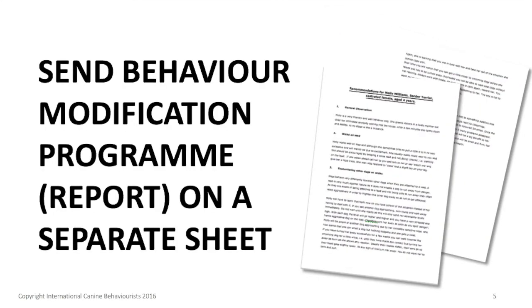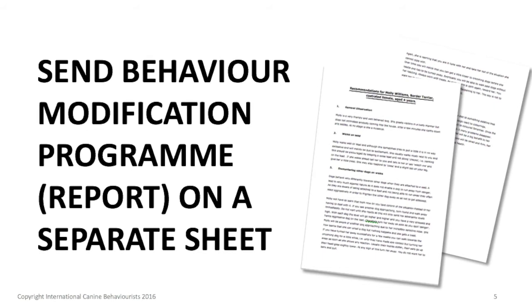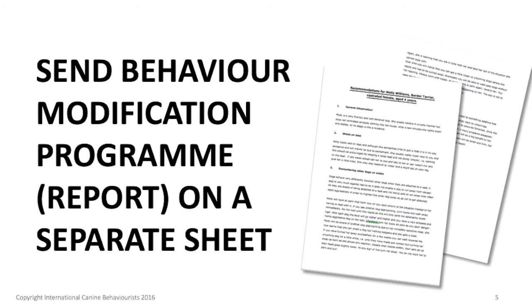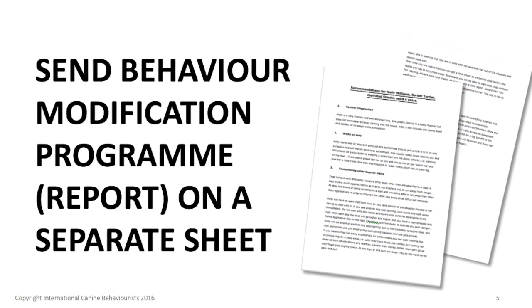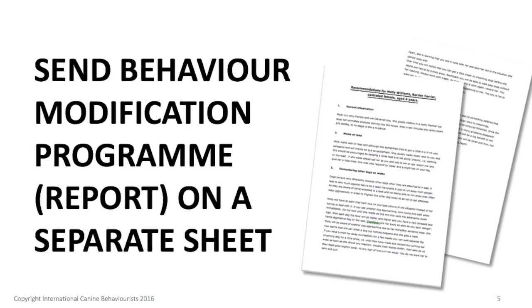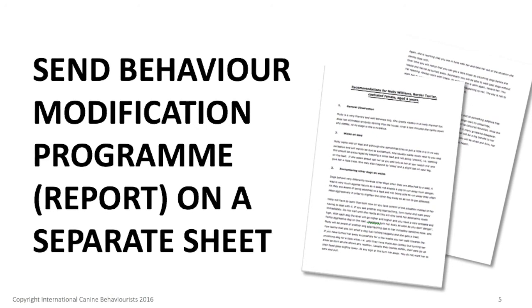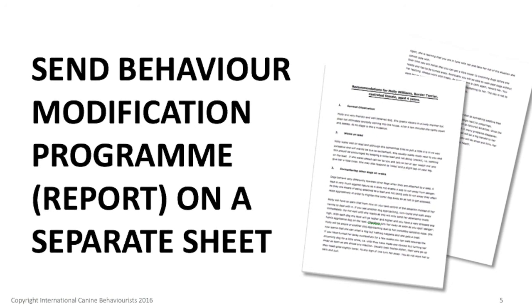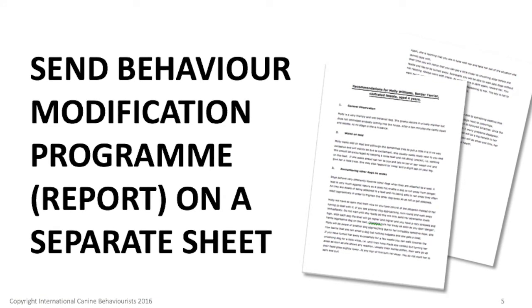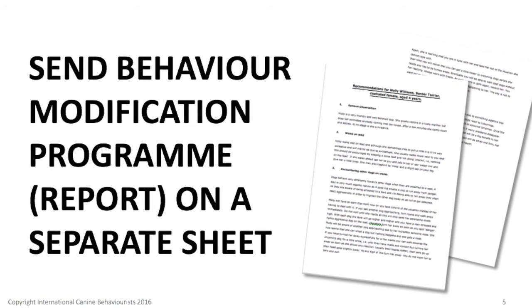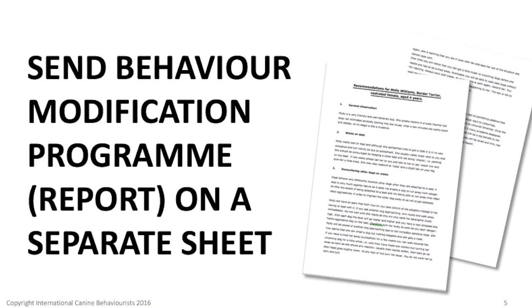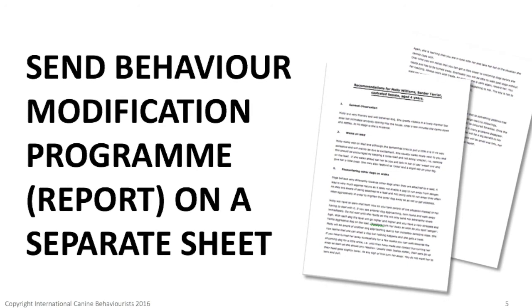Now, your actual behavior modification program goes on a separate sheet, and that may be between 1 and 4 pages long. And I give such a broad spectrum because you often walk into a house and all the only problem seems to be that the dog piddles on the carpet, just as an example.